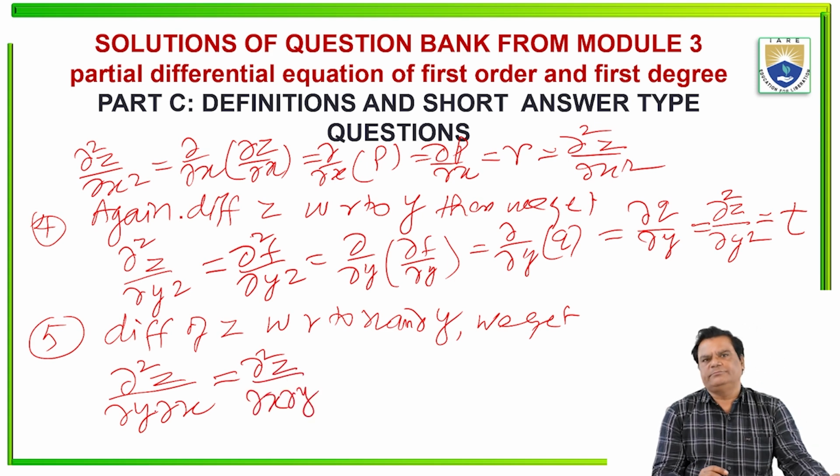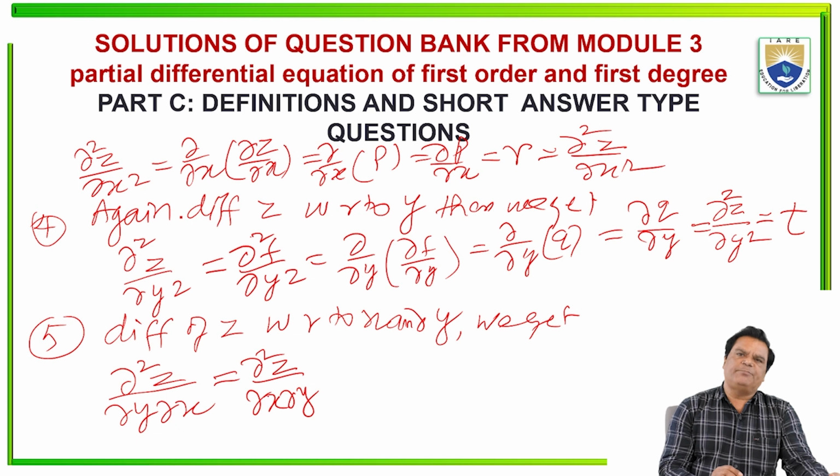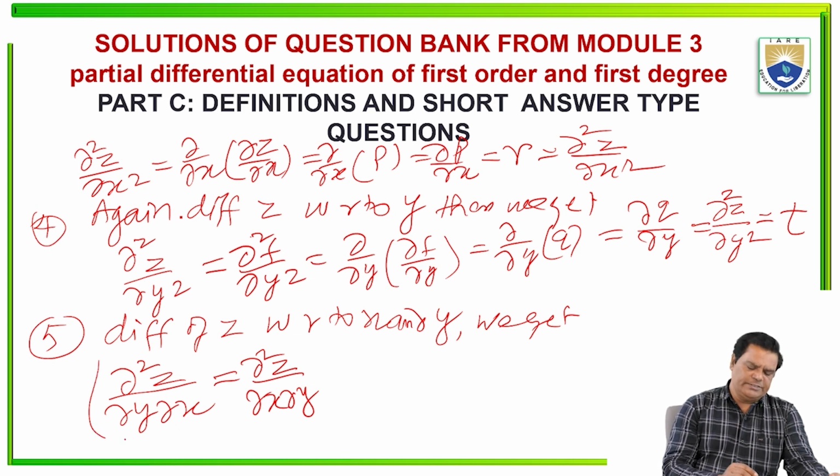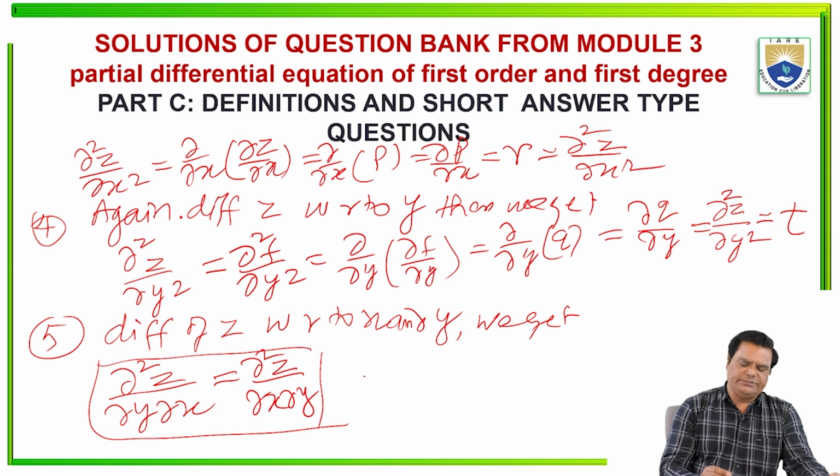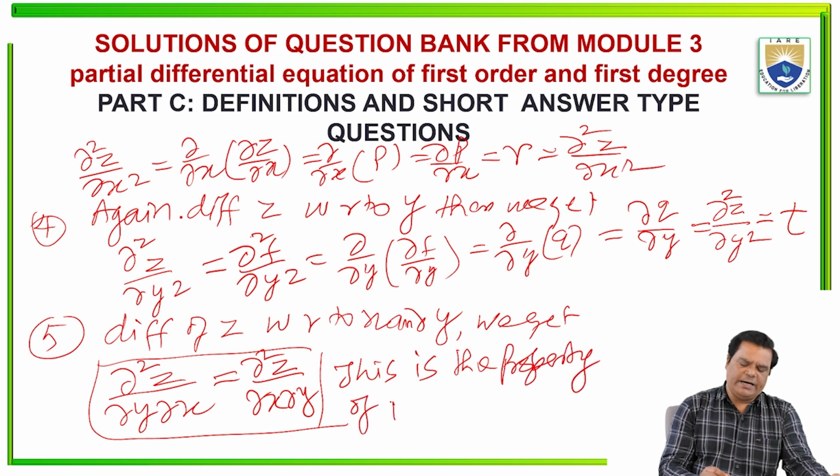Both are equal. This is the property of partial derivatives.